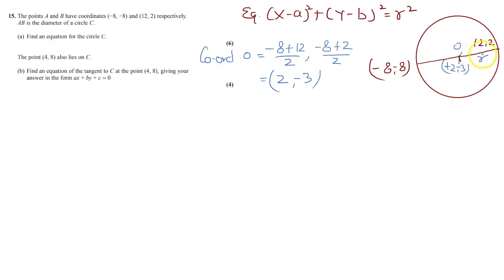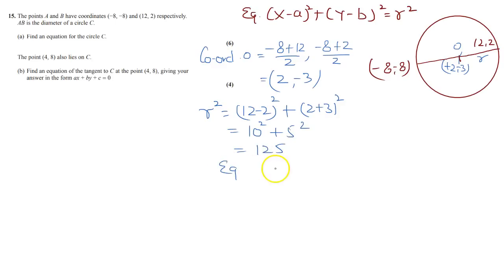Now the radius is this distance. So the radius square is equal to 12 minus 2 square, x2 minus x1, plus y2 minus y1, 2 minus -3, that is 2 plus 3 square, 12 minus 2, 10 square plus 5 square. So r square is 100 plus 25, so 125.